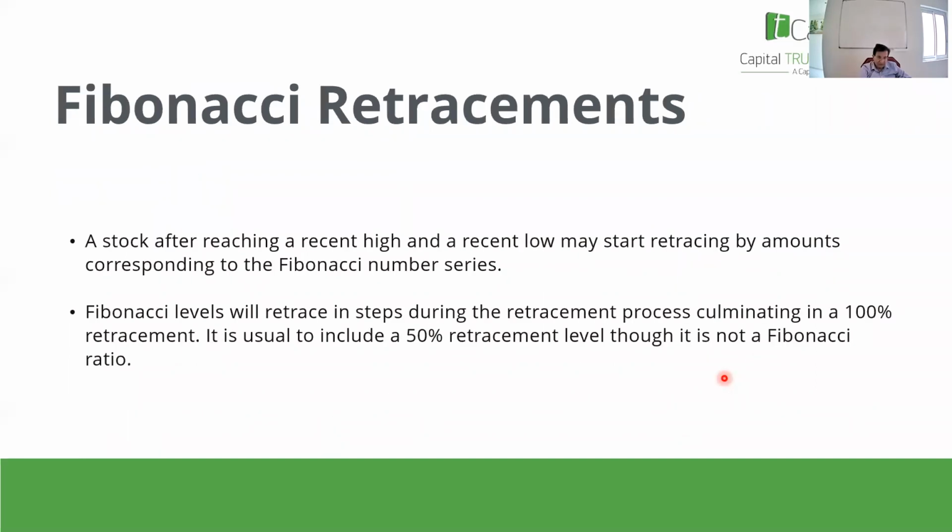A stock, after reaching a recent high, that's the Fibonacci retracements. A stock after reaching a recent high and a recent low may start retracing by amounts corresponding to the Fibonacci number series. The Fibonacci numbers, as you go down, as I told you before, are magic numbers.